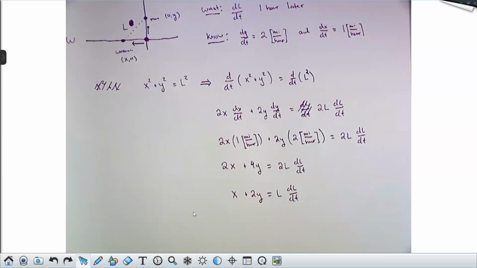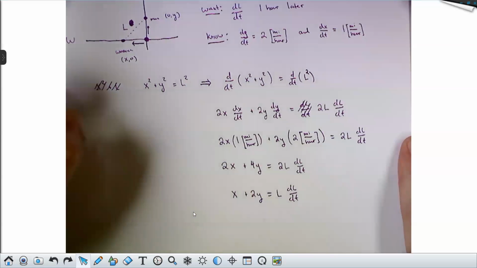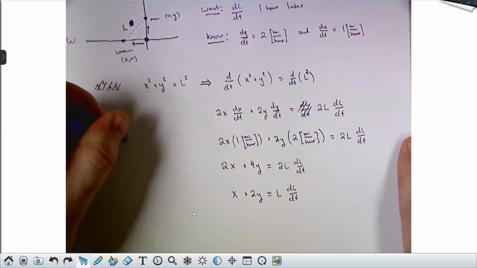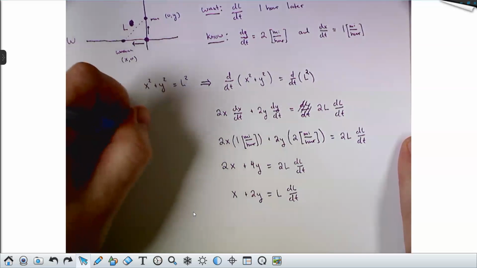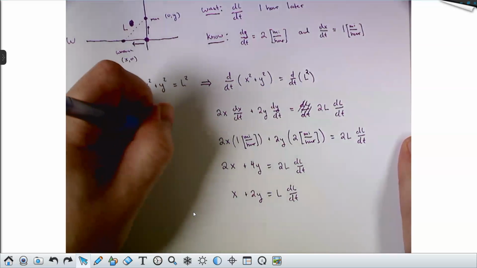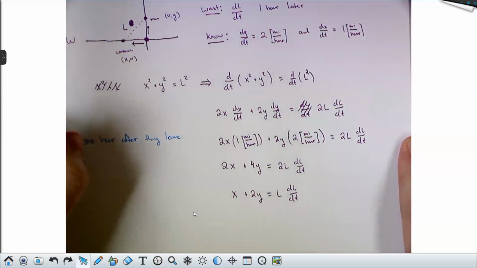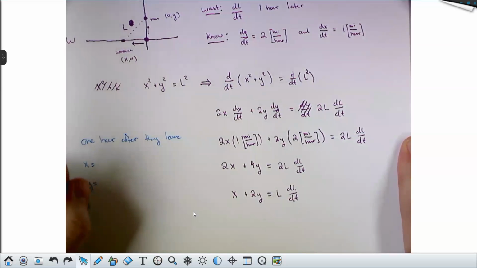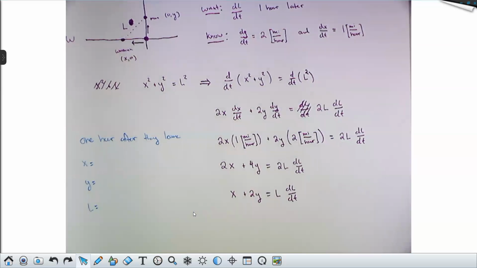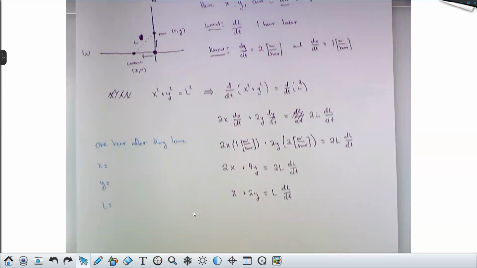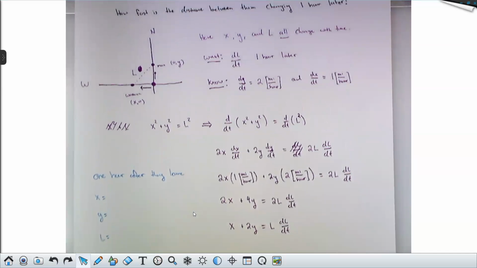So now what we have to do is come off to the side and say, okay, 1 hour after they leave, what is x? What is y? And what is L? x is 1 mile per hour multiplied by 1 hour, which is equal to 1.